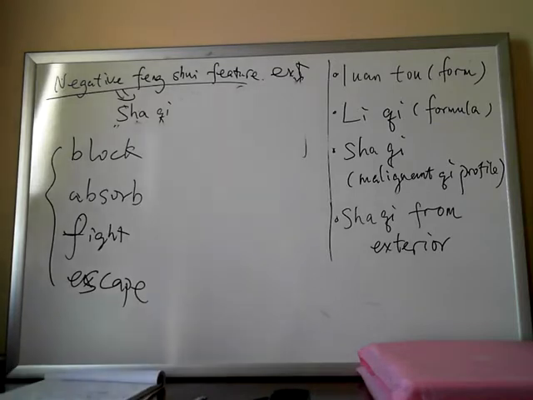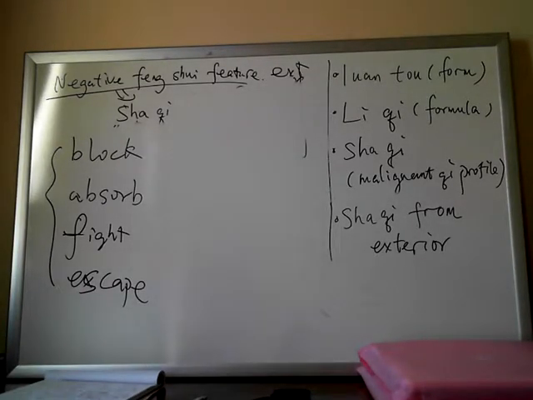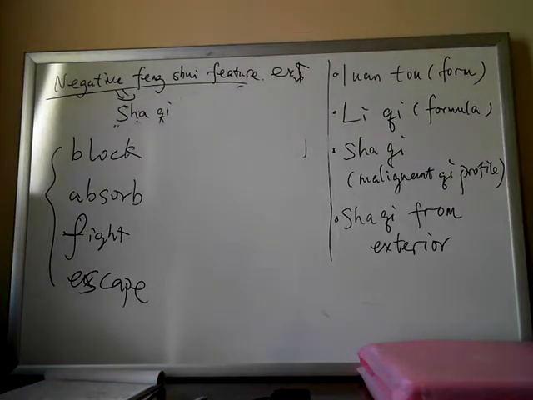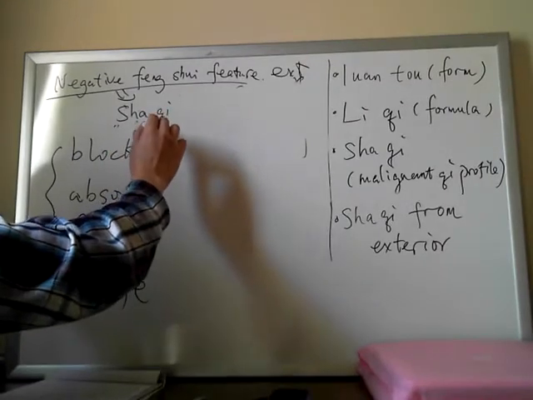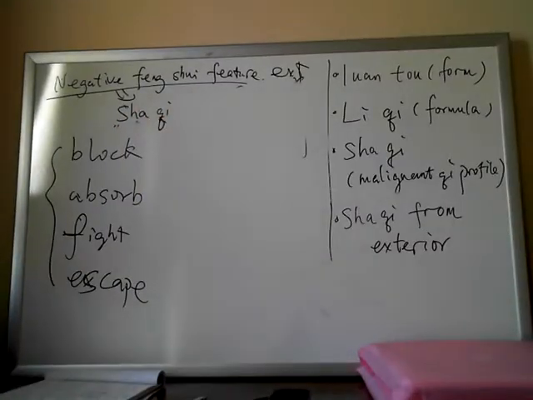Block is the most common method. Let's say you have negative feng shui features from outside. You just try to find something to block it. You don't view it, and you block the sha qi, the malignant qi profile from outside. Let's say you have edge shards: just close the window and use the blinder to block it.